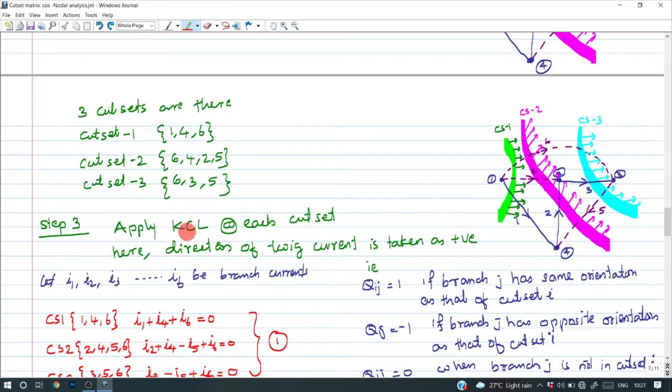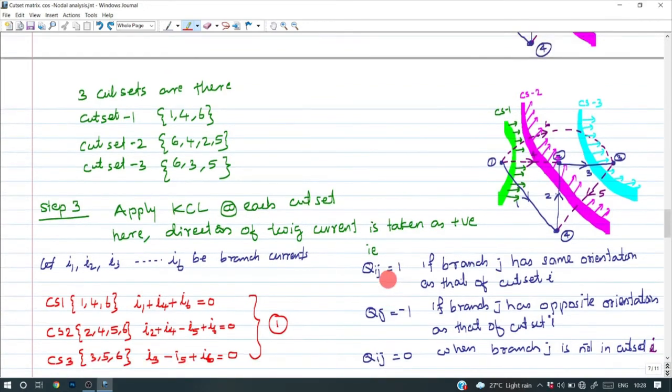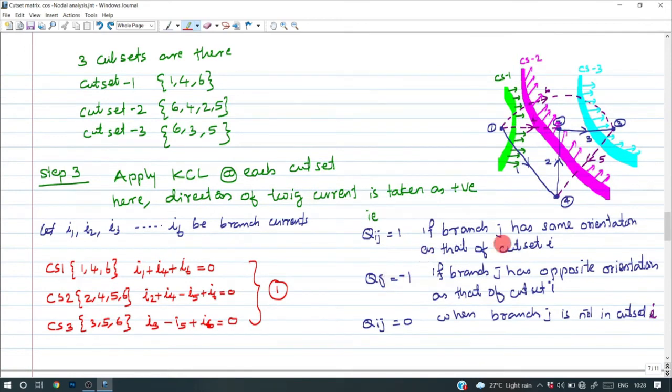Then in order to apply KCL at each cut set, we need to use this rule. Qij is equal to 1 if branch j has same orientation as that of cut set i. It is equal to minus 1 if branch j has opposite direction to that of cut set i. And it is equal to 0 when branch j is not in cut set i.